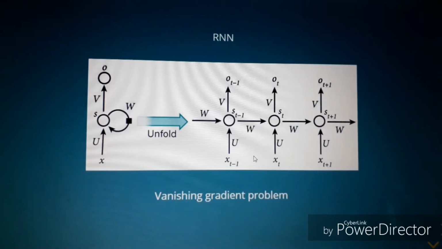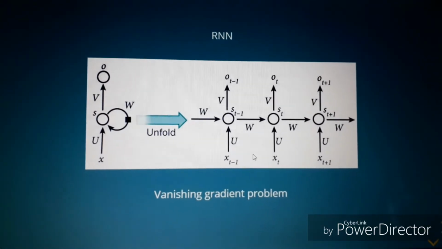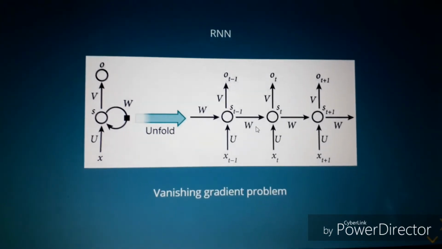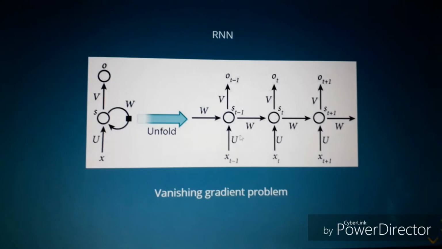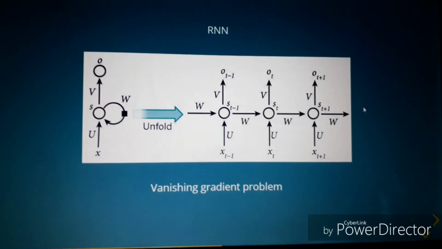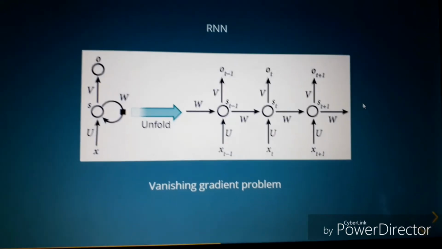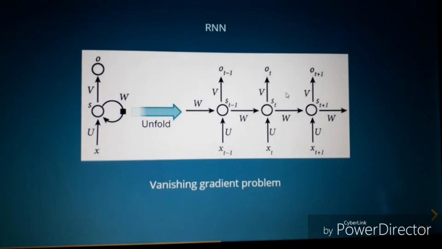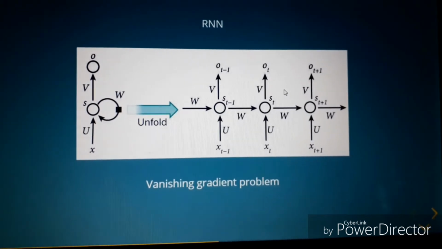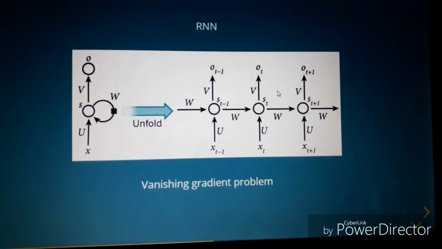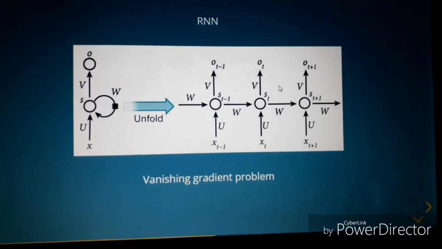Now I told you that we learn the weights by minimizing the error. So we move forward, compare our predicted value to the actual value, calculate the error, backpropagate and correct the weights. When we backpropagate, we minimize the error, and to minimize the error we use a gradient function.